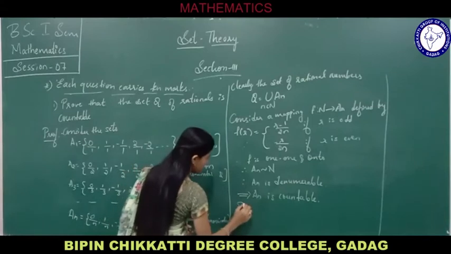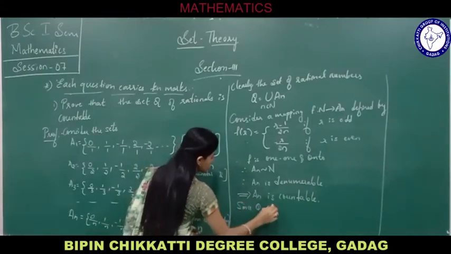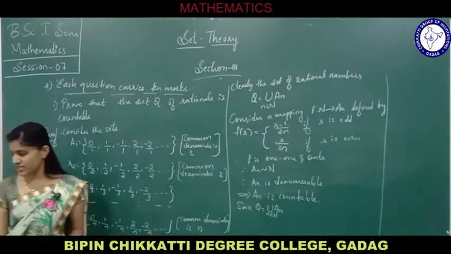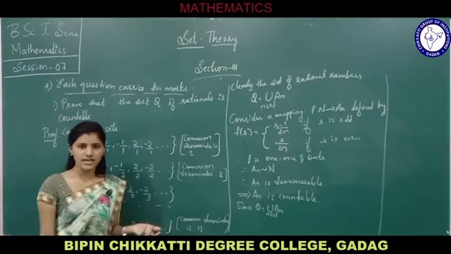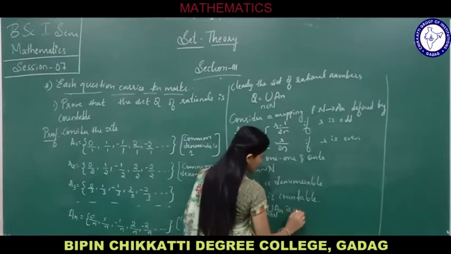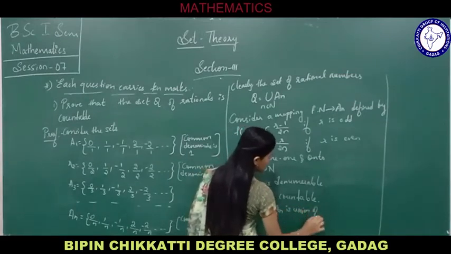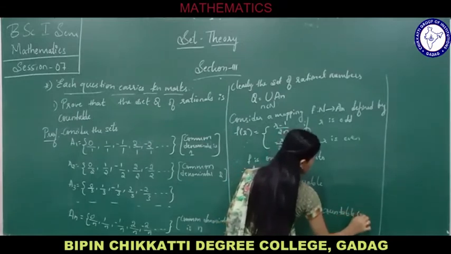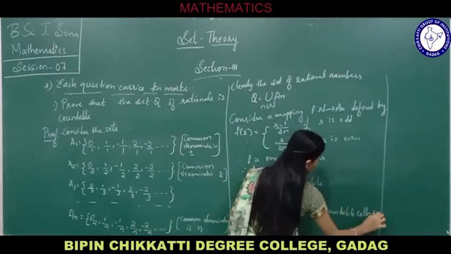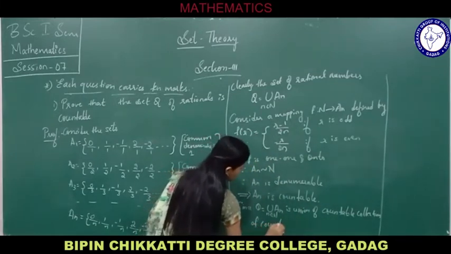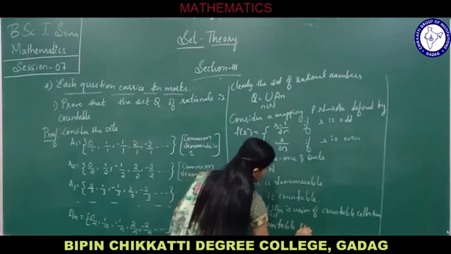Since Q is the union of An, where n belongs to the set of natural numbers, we are going to say it is the union of a countable collection of countable sets.